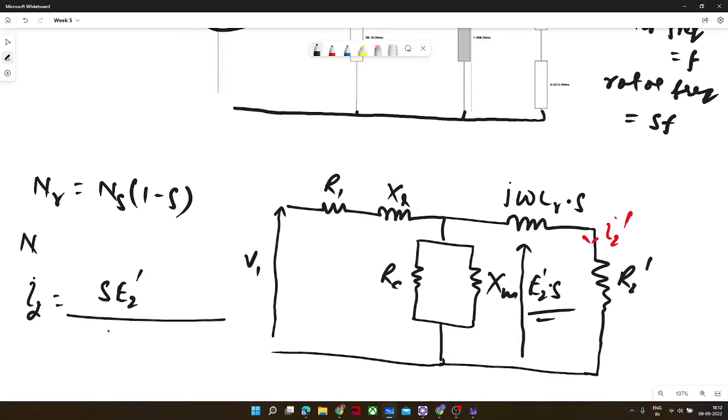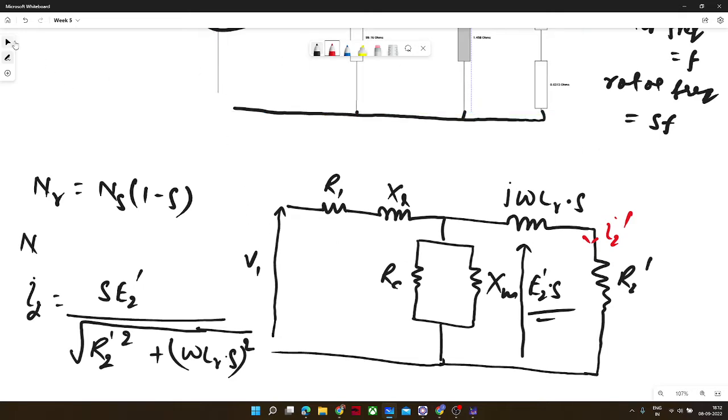S E2 dash divided by under root, I'm simply applying a KVL, R2 square plus omega LR into S square. So this was the current earlier, okay?